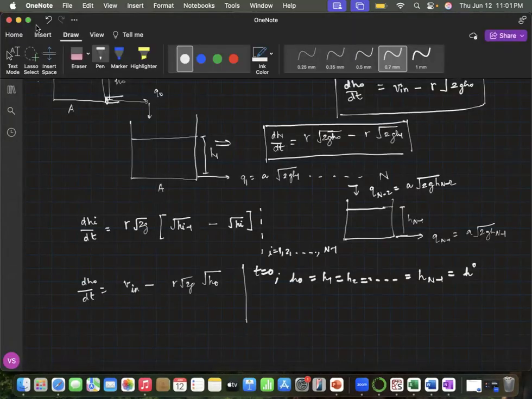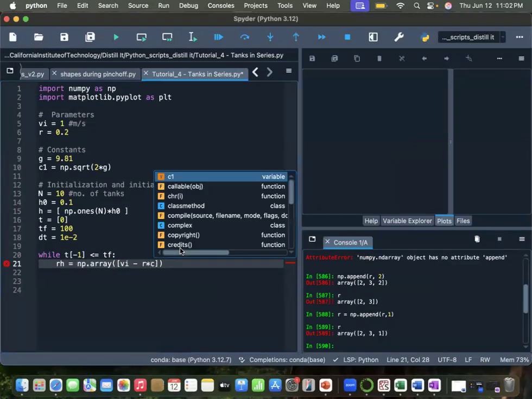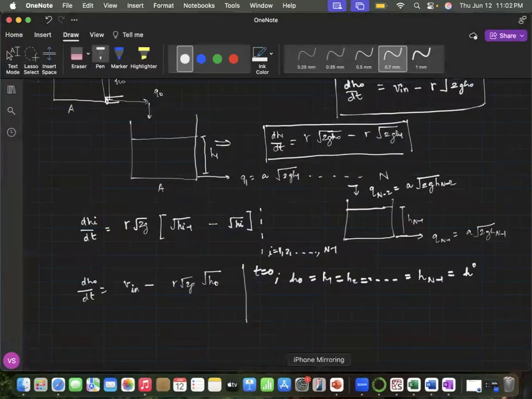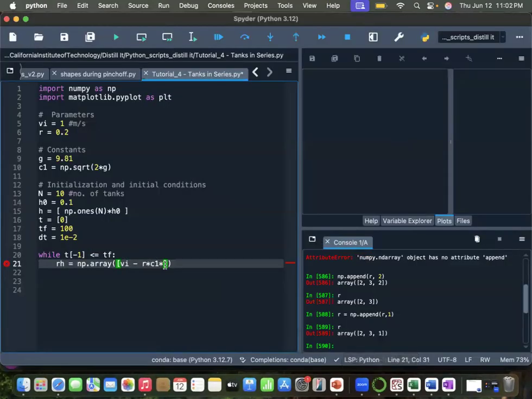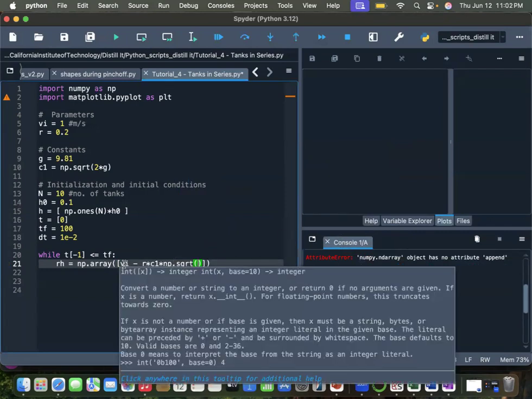So that's just Vi minus R. I'll write it: Vi minus R times square root of G, which is the constant C1, square root of 2G, times the square root of H naught. So that's going to be times np dot sqrt. And remember, this is the RHS of the Euler's explicit method.